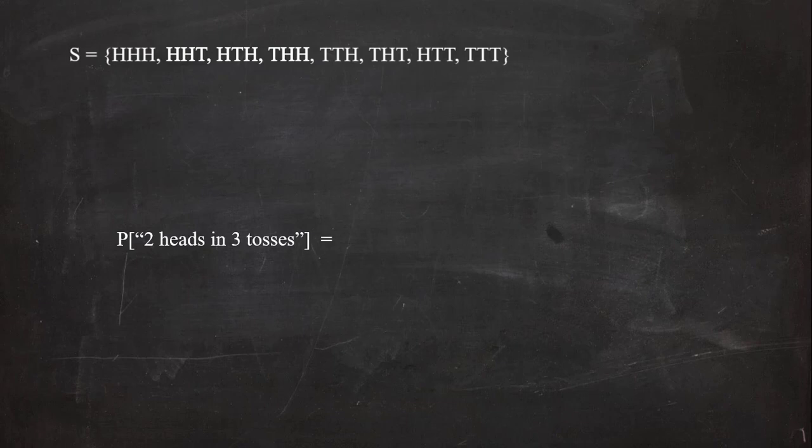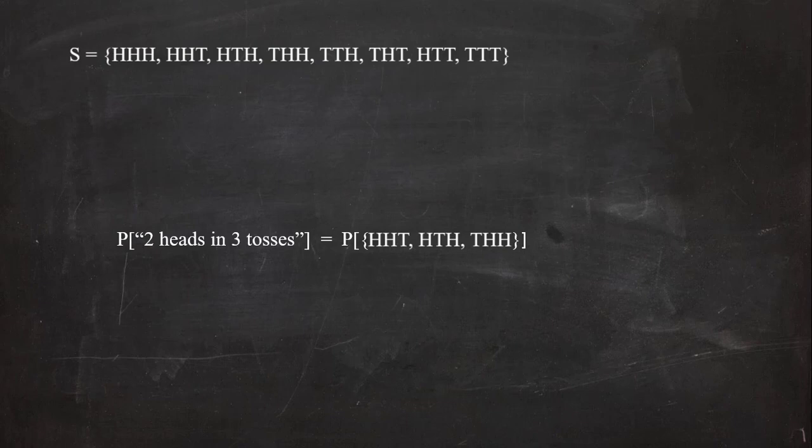In order to find the probability of 2 heads in these 3 tosses, we have to see how many elements we have in which there are 2 heads. These are the events: heads, heads, tail; heads, tail, heads; and tail, heads, heads. These are the 3 events, and we have to find their probability.